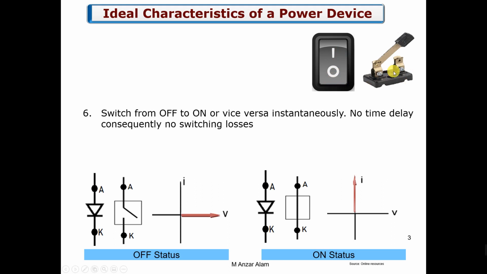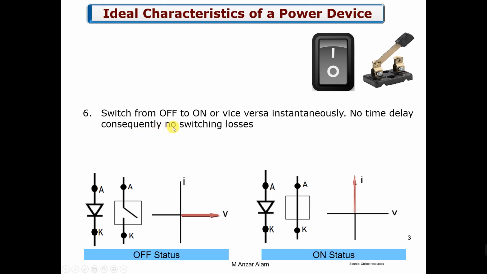What about the diode? Because we are studying the diode. The sixth property of the diode should be that it should not take time. The moment we turn it on, it should turn on. The moment we turn it off, it should turn off. This we assume in our design.